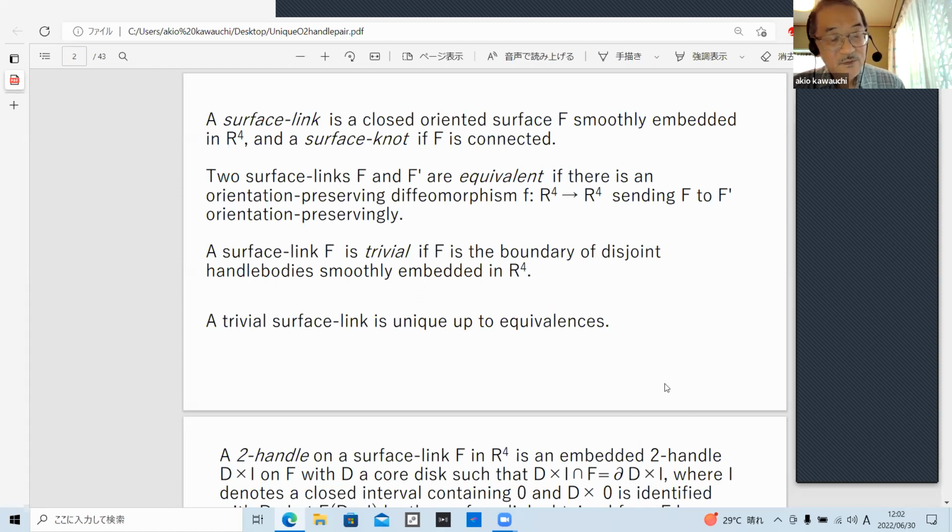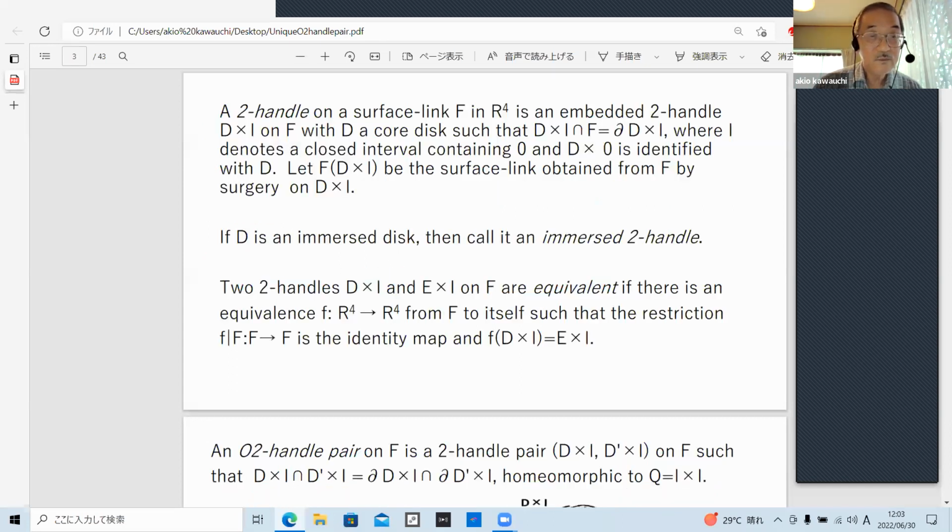In that case, the trivial surface link is unique up to equivalence. So a 2-handle on a surface link F is an embedded 2-handle D×I on F, with D the core disk, such that the intersection of D×I and F is just an annulus, the attaching annulus, in the boundary of D×I.